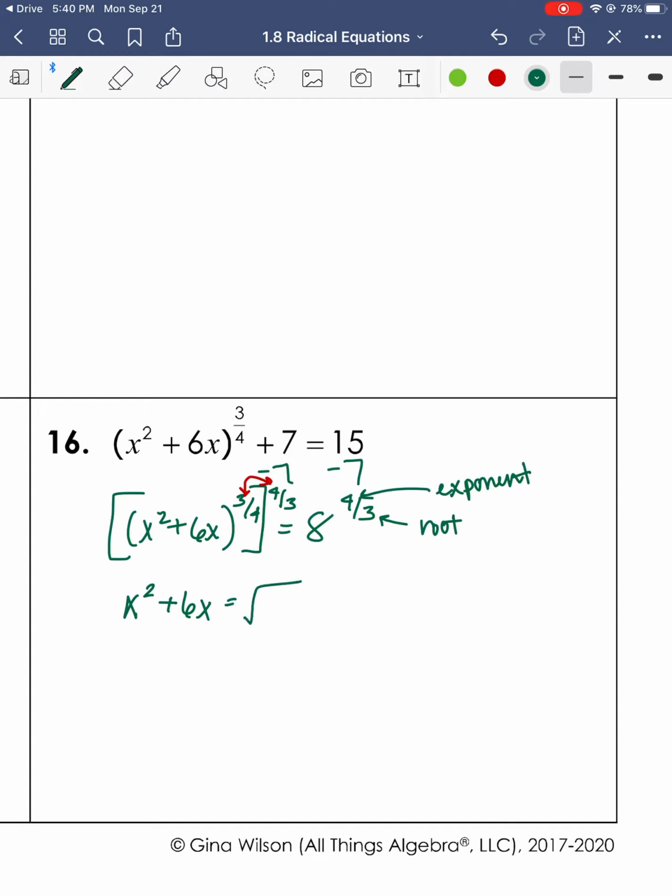Okay, so then we can write this as the cube root of 8 to the 4th. And just a shorthand way of doing this, the cube root of 8 to the 4th we can write as 8 cubed times 8, which is equal to the cube root of 8 cubed times the cube root of 8.